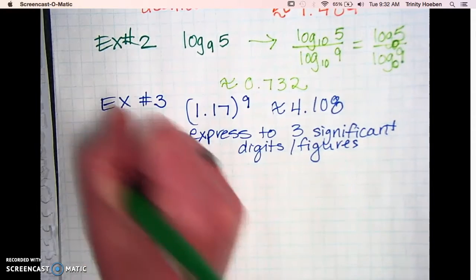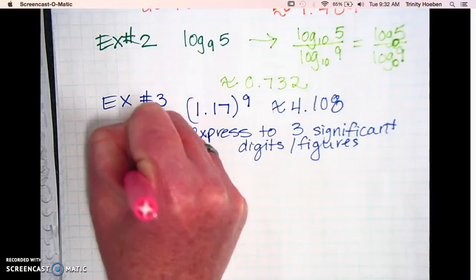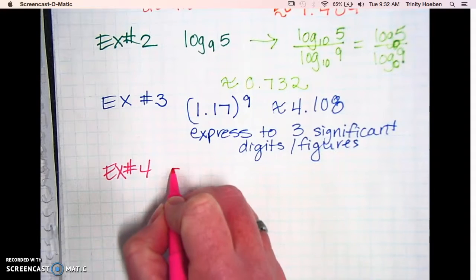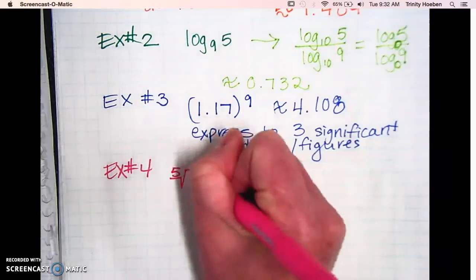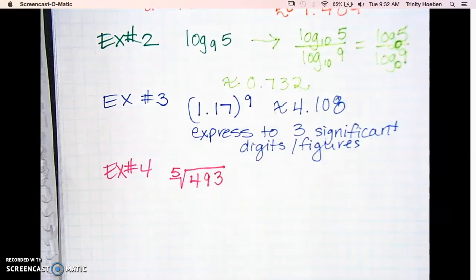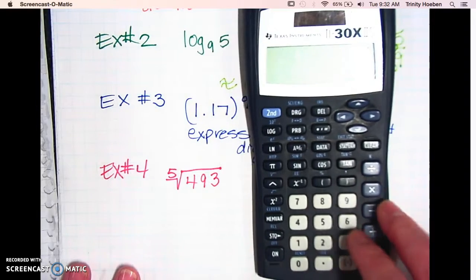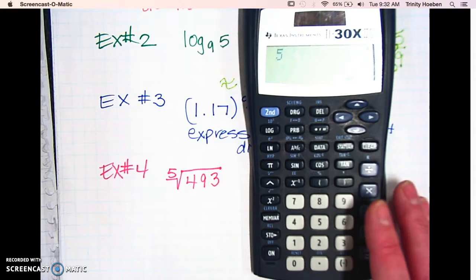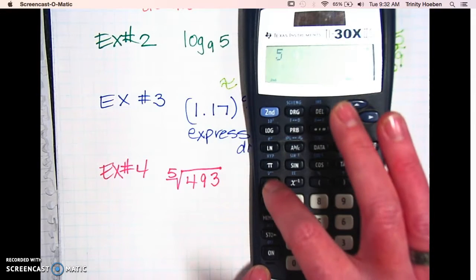All right. One more example, example number 4. We're going to do the 5th root of 493. So if you take your calculator and you type in the 5th root of 493. So you type the 5 first, you're going to do the 2nd button and the xth root.